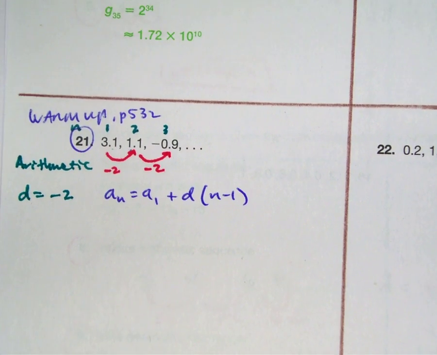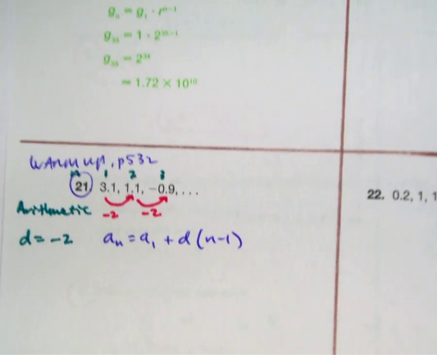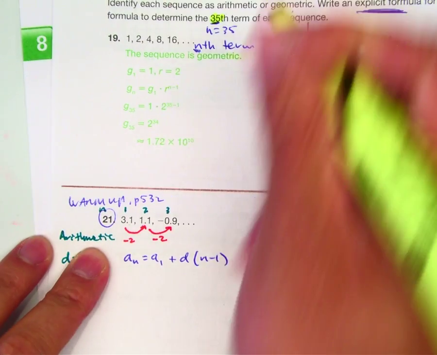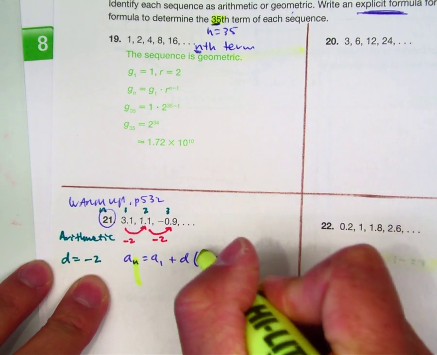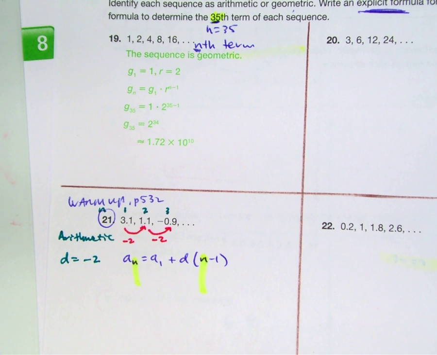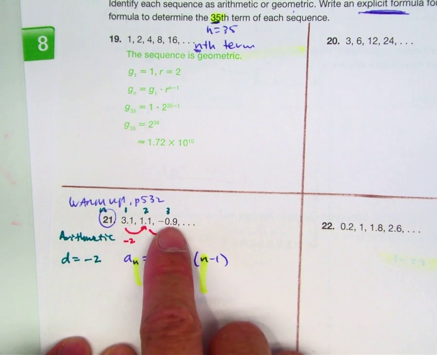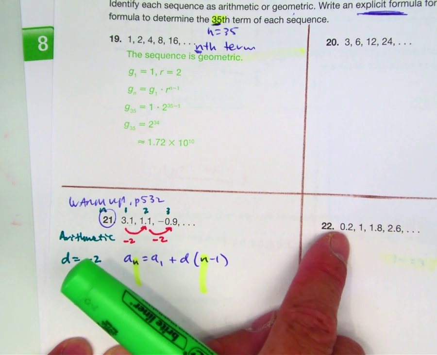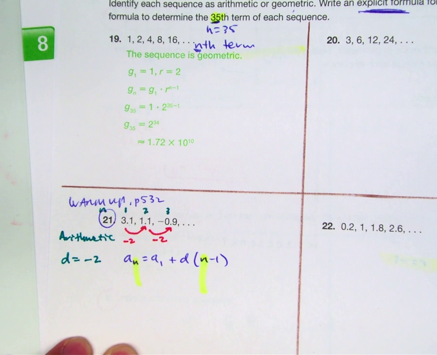Class, what is our n value? 35 is our n value. Now think about this. You could literally try to find the 35th number on the list by subtracting 2 a lot of times, can't you? Yeah. But that's the advantage of the formula, so that you don't make mistakes.